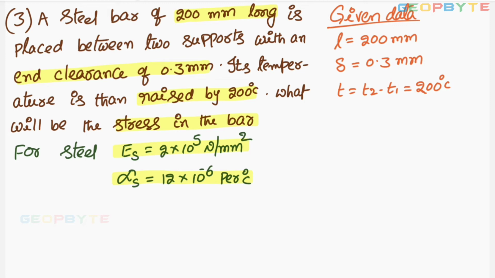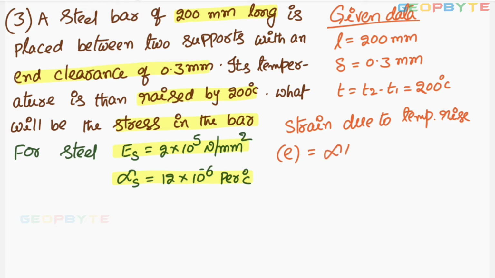Next, what will be the stress? Young's modulus given, the coefficient of linear expansion. First find the strain. Strain due to temperature rise, small e equal to alpha t minus delta by L. This formula already we discussed.